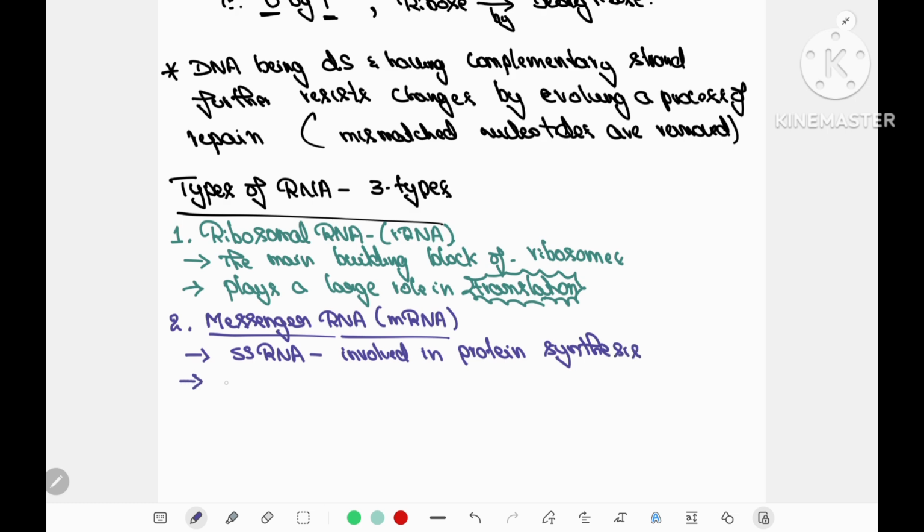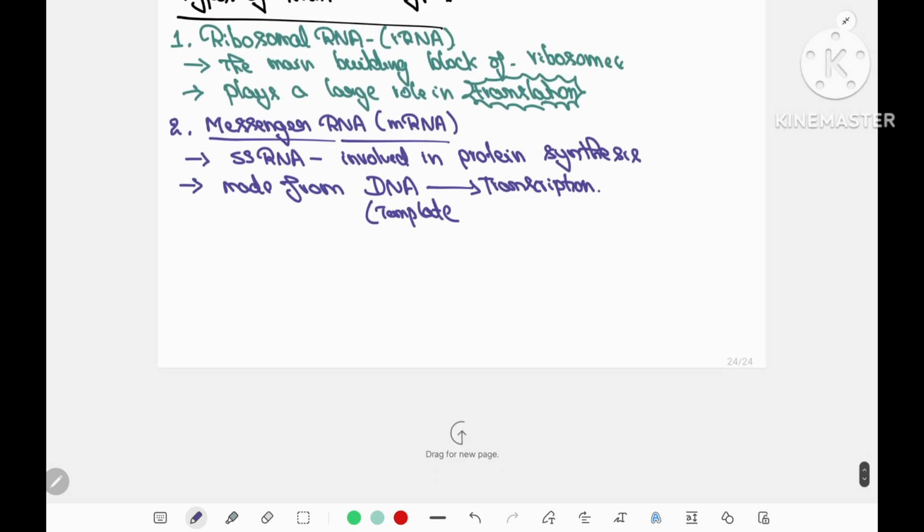So earlier we have studied that transcription is a process in which there is a synthesis of mRNA from DNA. So these are the two types of RNA, and the third type of RNA is transfer RNA, or tRNA.